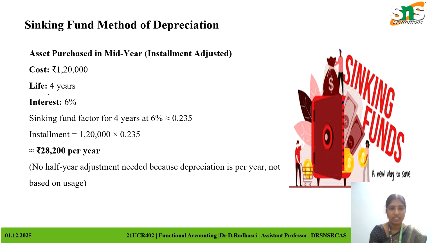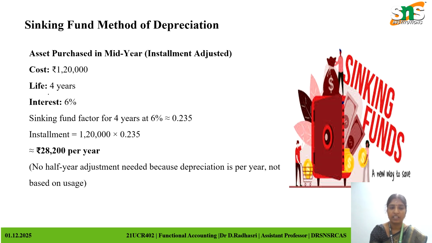The next topic is the asset purchase in the middle of the year. What can we do when an asset is purchased in the middle of the year? In the sinking fund, the factor of increase is 6 percent. The cost of the machine is 1,20,000 and the life of the machine is 4 years. We can take the sinking fund in the middle of the year.